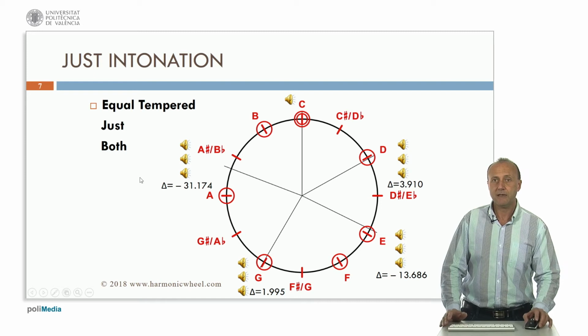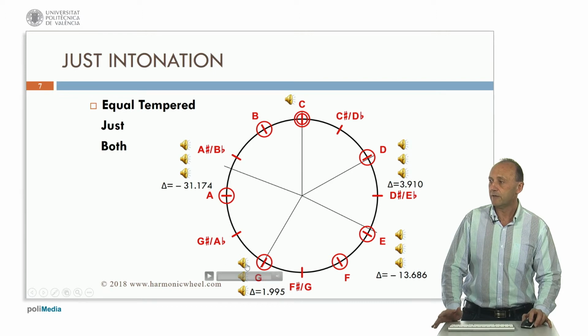Let's compare the notes in both systems. This is C. Now note G in equal temper and just intonation. Practically the same, the difference is 2 cents, the two notes together.